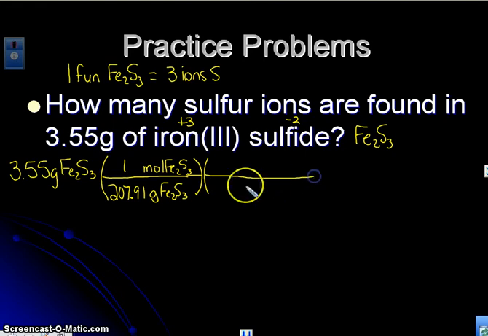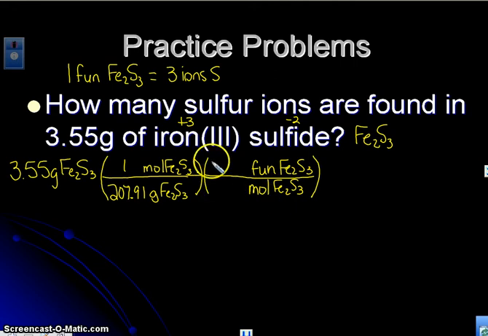Now we need to go from moles to formula units of iron 3 sulfide before we can calculate our ions. So we want to set up our conversion factor so that we have moles on the bottom, and we have our particles on the top, which are formula units of Fe2S3.